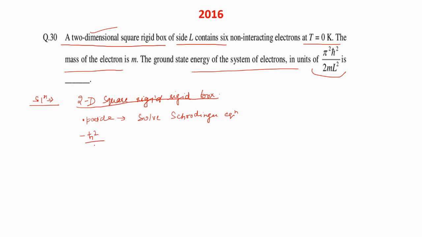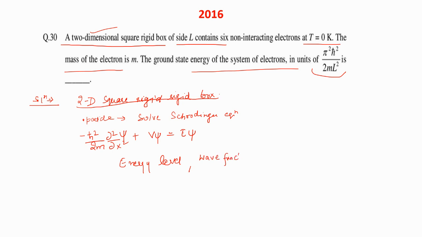After solving the Schrodinger equation, you will get the energy levels and the wave function of the particle, the wave function and energies that the particle is occupying.